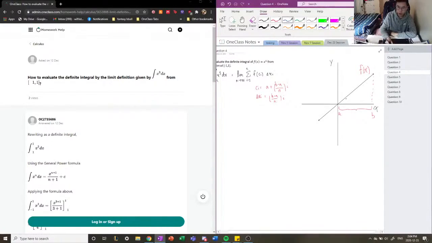So if we were to split this up into 4 equal rectangles with similar lengths, we'd have 1, 2, 3, 4, and they will calculate the area of each of these rectangles, and then try to approximate the area under the curve using that.